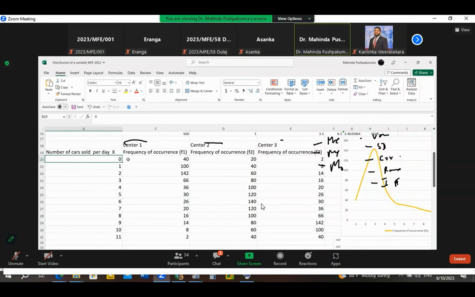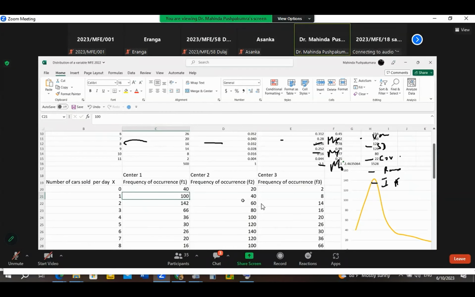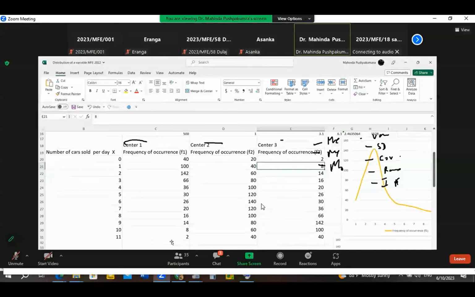Here 0 means no sales. In center 1, there are 40 days with 0 sales. In center 2, there are 20 days with 0 sales. In center 3, there are 2 days with 0 sales. Then if you take 1 sale, in center 1 there are 100 days with 1 sale. In center 2, there are 40 days. In center 3, there are 8 days.